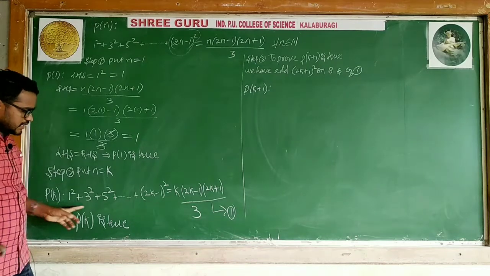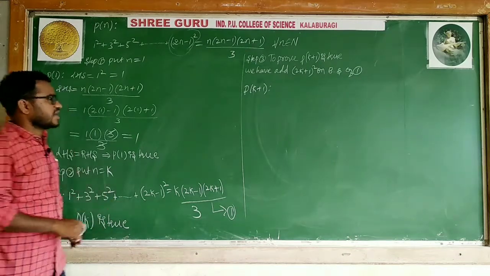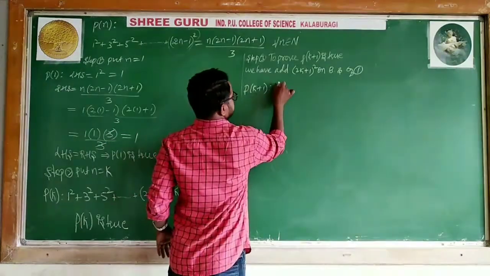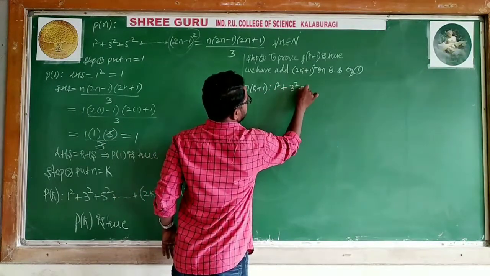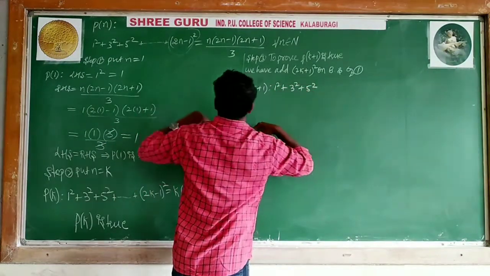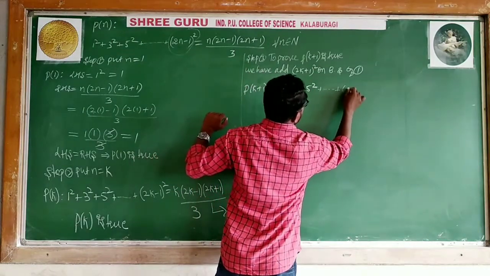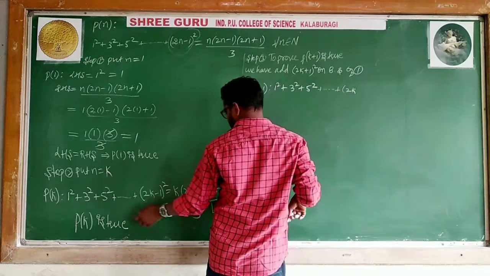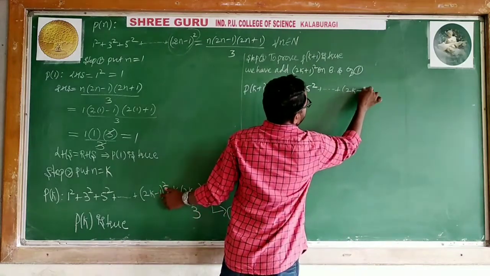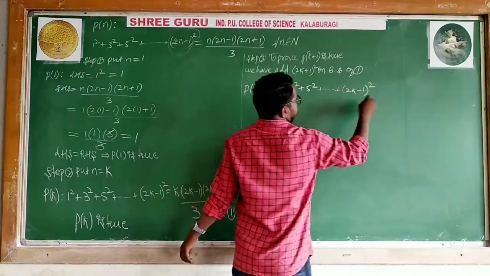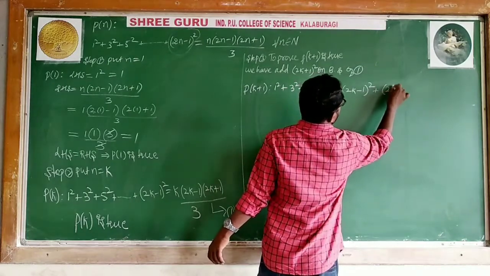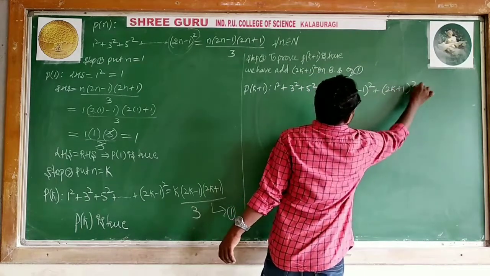Actually this has k terms up to this: 1 square plus 3 square plus 5 square and so on, up to 2k minus 1 whole square, plus what we are adding, 2k plus 1 whole square.